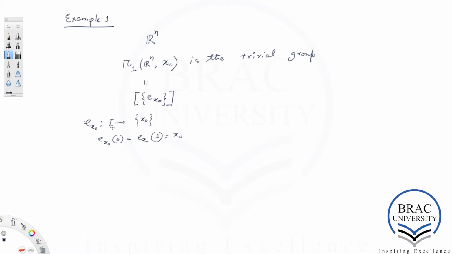It's a constant loop, or the constant path in X beginning and ending at x0. So in this example, pi 1 of R to the n comma x0 is precisely the trivial group.